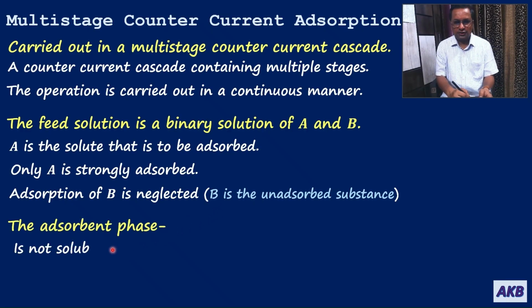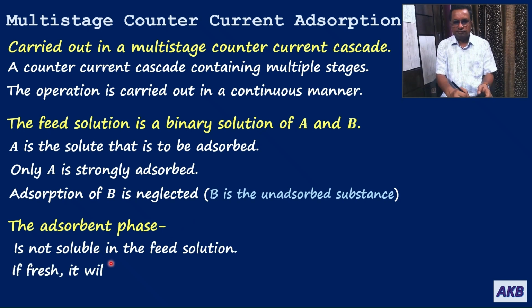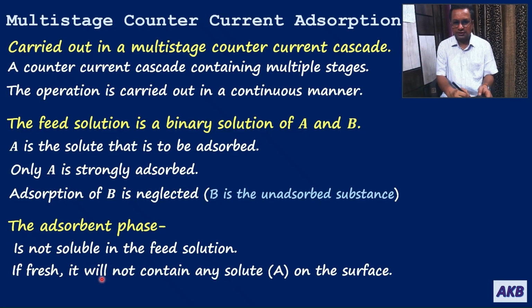The adsorbent phase, first requirement is it should not be soluble in the feed solution. Now you could use a fresh adsorbent in the operation, and if you do so, it will not contain any solute on its surface.